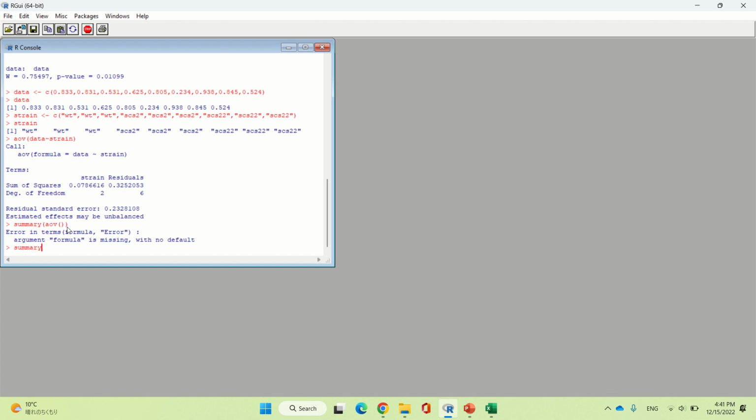So, summary bracket AOV bracket, data. But in your formula, you put dependent up to independent, comma, data. But I didn't put any comma. Yes.